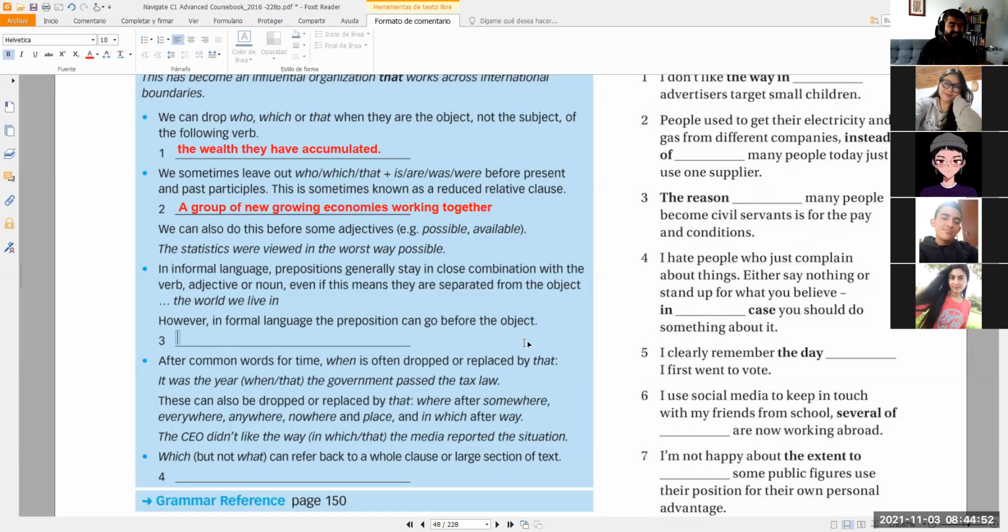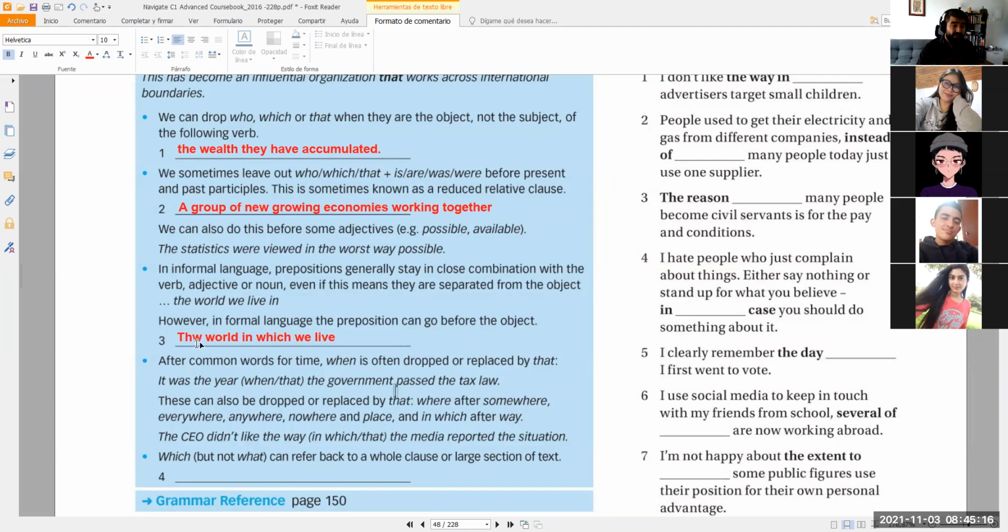No. It's pretty much... Okay, or it's which. Excuse me? With. Okay, it would be pretty much like that. The world in which we live. The world in which we live.